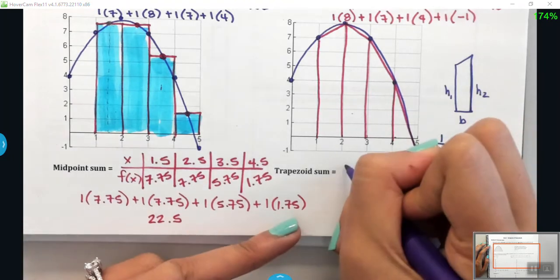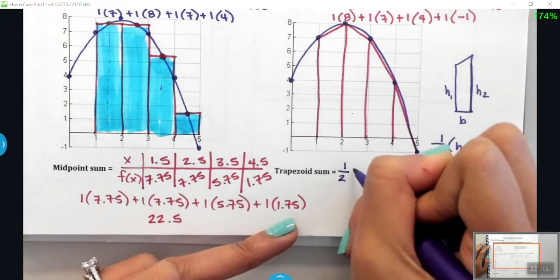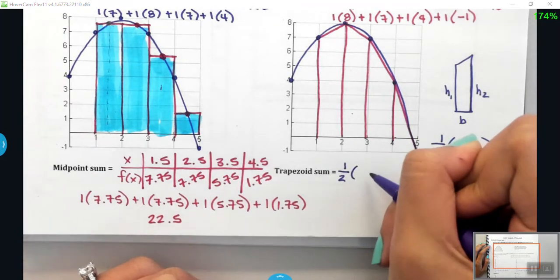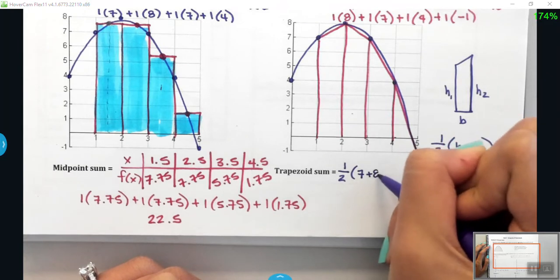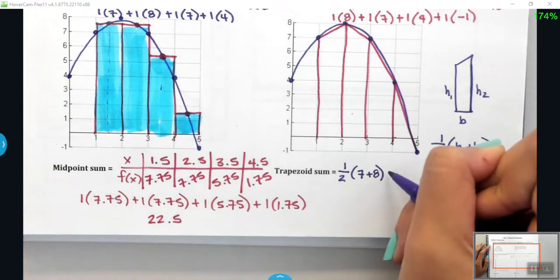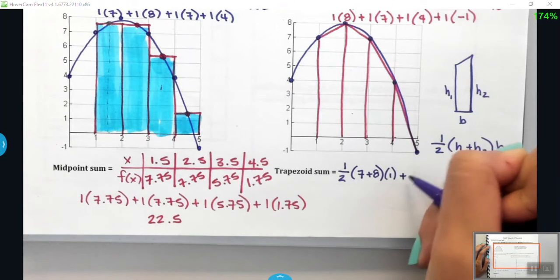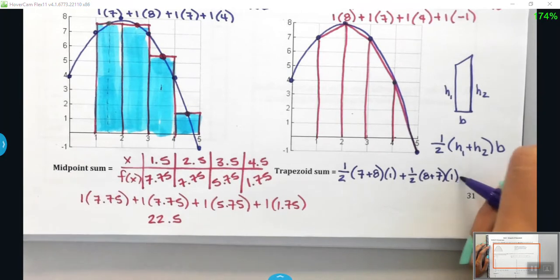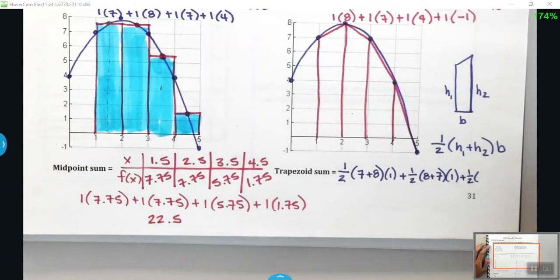Okay, so this one is 1/2 times 7 plus 8 times 1, plus 1/2 times 8 plus 7 times 1, plus 1/2 times 7 plus 4 times 1, plus 1/2 times 4 minus 1 times 1. Okay.